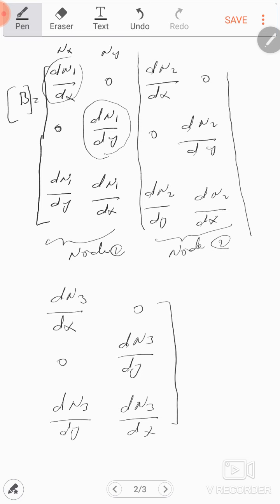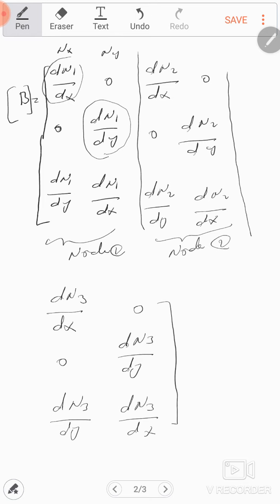You can go to any finite element method reference and learn how to derive each one.